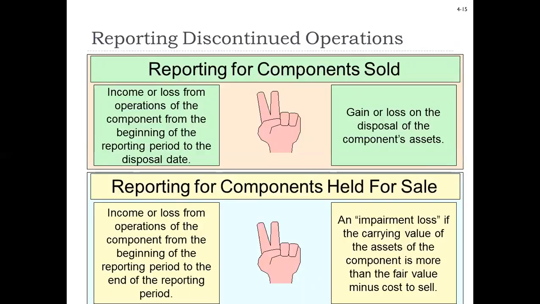So there's going to be a gain or a loss from just running that operation. That's this top portion here. So again, you have to report the gain or loss from operating that segment during the year, and you have to report the gain or loss from selling off that component or that segment.